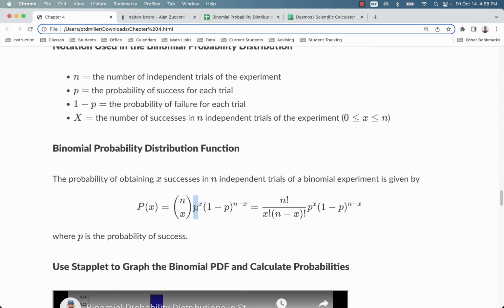Then you have the probability of success with x successes as your exponent. That's using the multiplication rule. You just keep multiplying that same probability, and then the probability of failures over here. Now with it being 50-50, p and 1 minus p are both 0.5, and so all of these actually add together to just be 0.5 to the 10th power. So everything is really going to come down to this front piece here.